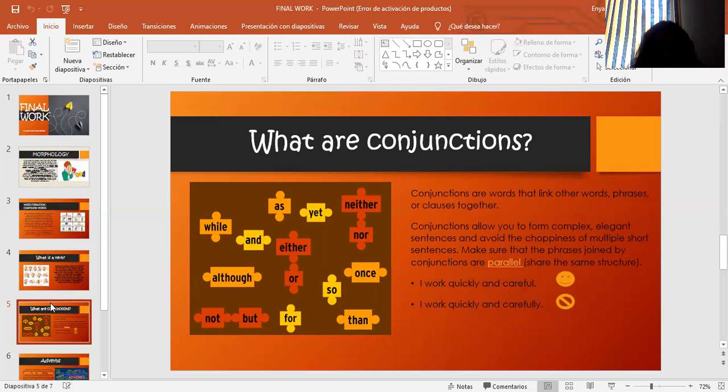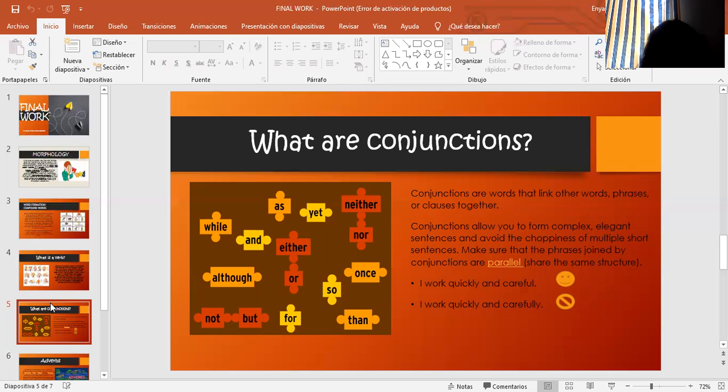We could find different kinds of conjunctions, like correlative conjunctions, which are pairs of conjunctions that work together. Some examples are either/or, neither/nor, not only/but also.